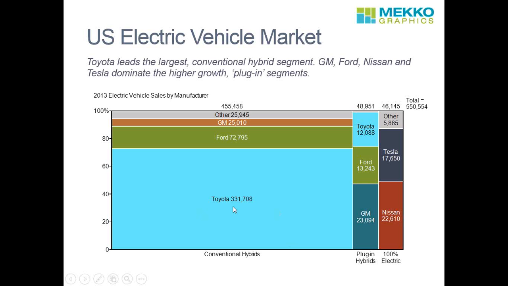So you read the chart from left to right and from top to bottom. And in Mecca Graphics, you can specify the other series so that the other series always appears on the top. I like to make the other series a neutral color to separate it out from the other series in the chart. So that's a quick intro to a pretty simple market map.